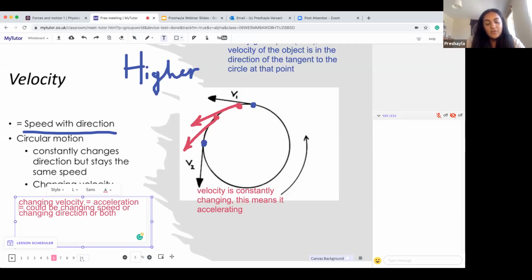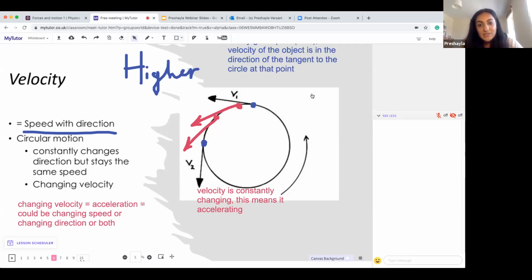And therefore, when an object moves in a circle, we say that it accelerates. Weird. So we've got to break apart from that definition that we used to have of acceleration, which is getting faster, and look a bit deeper into it and say that actually acceleration doesn't necessarily mean getting faster, it can just mean changing direction.